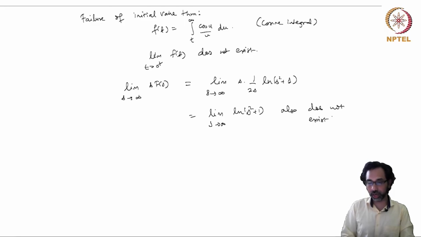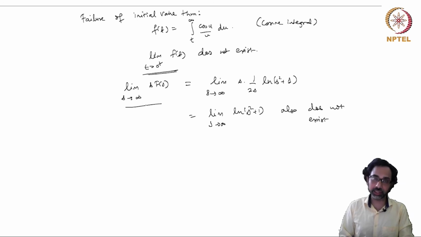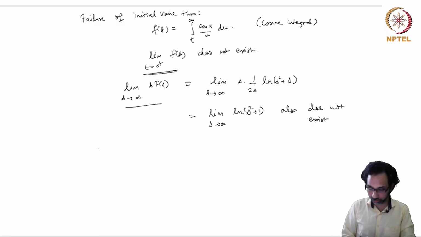So we cannot write an equation something like infinity equal to infinity, that doesn't make sense. So in this case the initial value theorem fails. It can also happen that if the limit as t tends to 0 plus of f(t) does not exist, then this limit of sF(s) as s goes to infinity is in fact finite. So let's see an example for this.